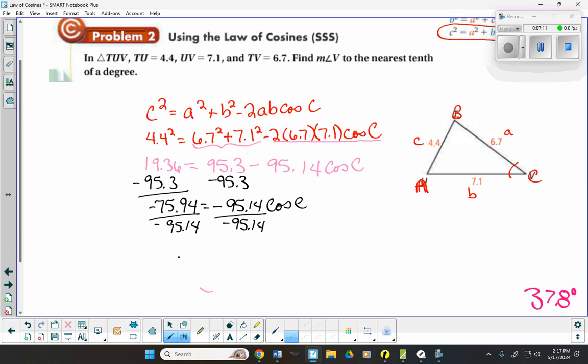You end up with 0.798 equals cosine of C. Then to find an angle, we're going to use the inverse. That gives you 37.04, so about 37 degrees for your answer.